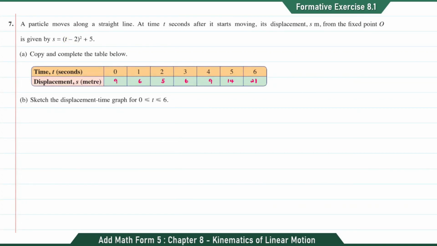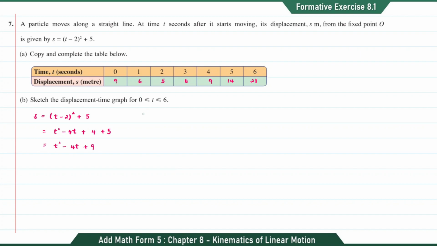Question B. Sketch the displacement time graph for the time in between 0 to 6. If we expand the displacement function given, we're going to get t squared minus 4t plus 4 plus 5. Then this is equal to t squared minus 4t plus 9.